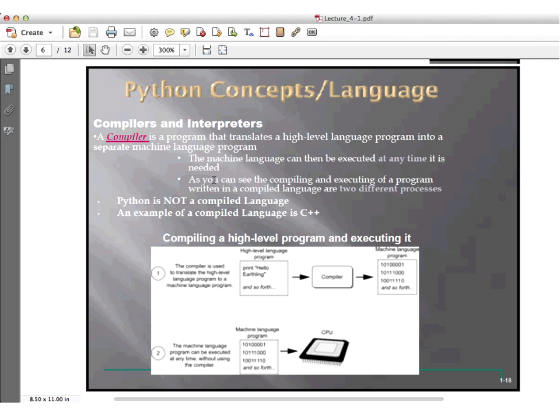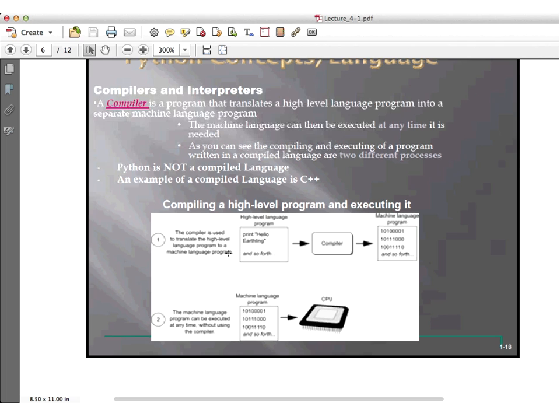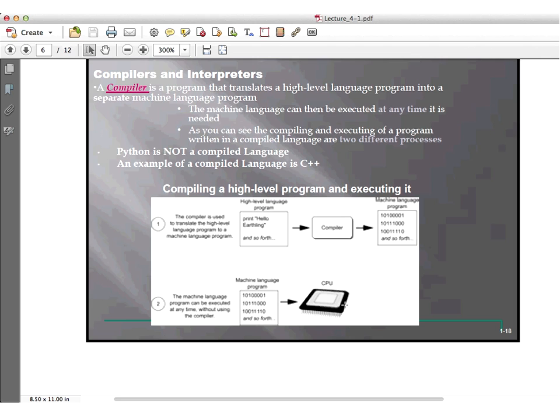And so here's an example in the picture. A compiler is used to translate it. So like print hello, everything goes to the compiler and comes out as machine language. And that machine language could be a .exe file. You just send it to the CPU and it runs.